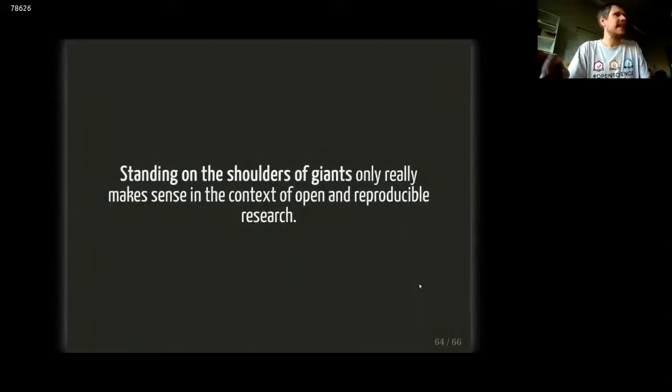Right, standing on the shoulders of giants, well, that really only makes sense, in my opinion, in the context of open and reproducible research. If you are here, if you're listening to this, it probably means that you have an interest in these concepts, and I think that's the right way to get started.